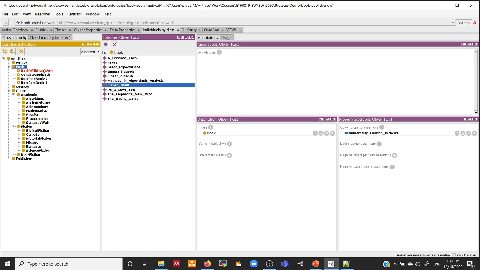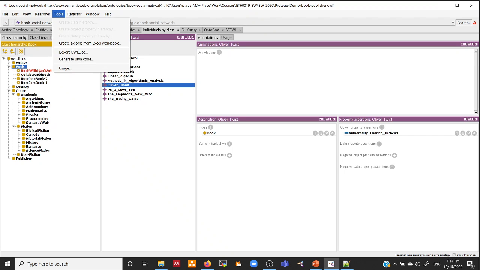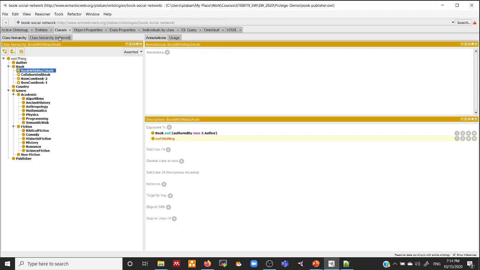So we have defined this book with max 3 author, and then we run the reasoner. We go to class, then synchronize the reasoner. We should have expected FSWT, Great Expectations, or Oliver Twist to come here, but we don't see anything. Again, that has to do with the open world assumption.